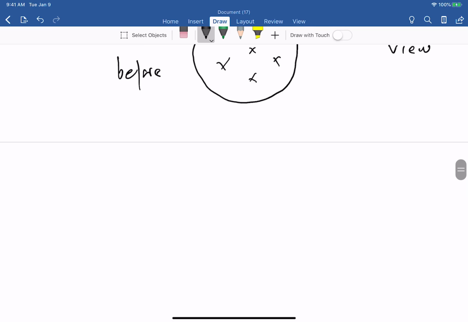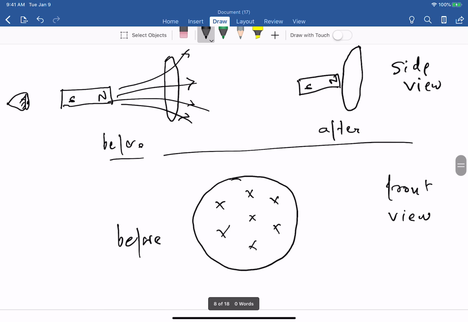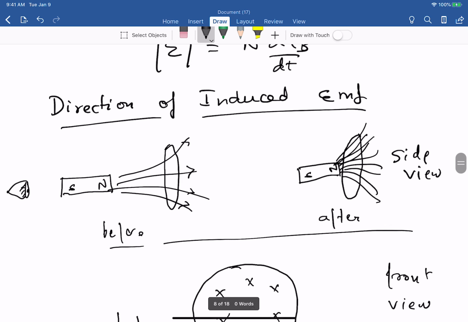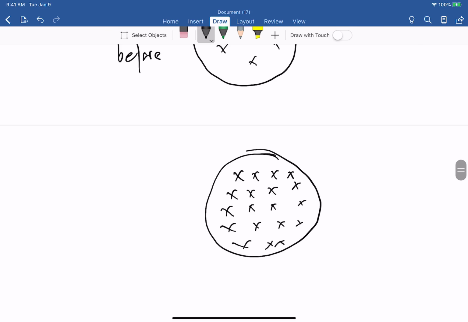And afterwards, as you move the magnet very close to the loop, the magnetic field is much stronger because the magnet is now closer to the loop. So coming back over here, you have a much stronger magnetic field, plenty of field lines going through the loop. Okay, I should draw some arrows. Okay, so the magnetic field has become a lot stronger.